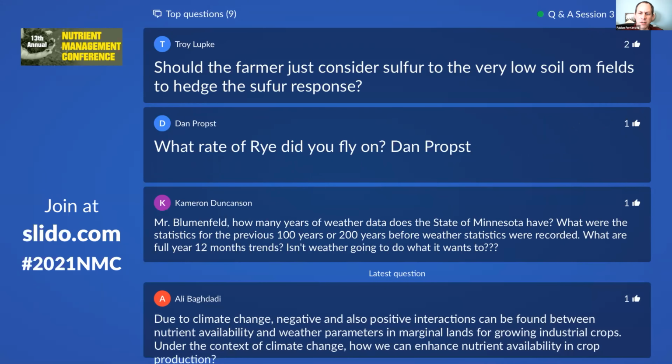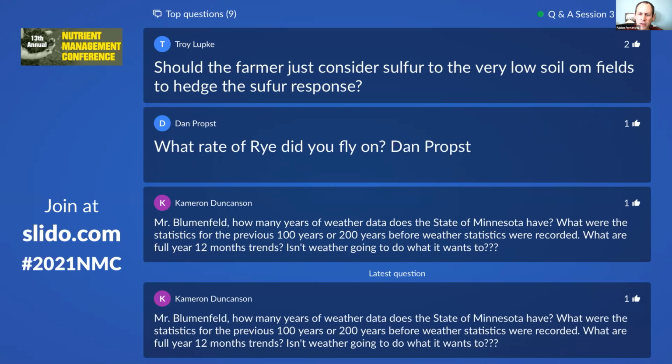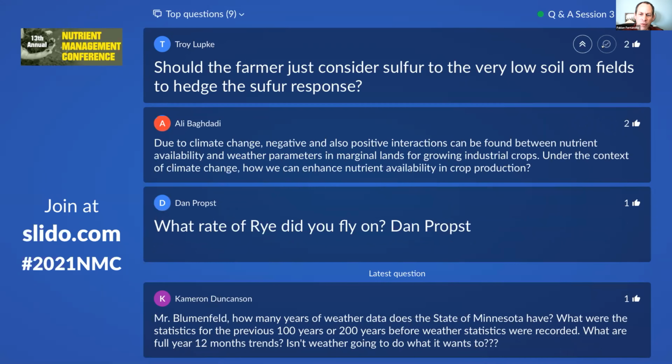Should the farmer just consider sulfur for very low soil organic matter fields, or hedge the sulfur response? I think this may be a question for Tim, or maybe from some of our earlier speakers. Melissa, I'm sorry, this may be for Melissa in terms of wheat. Oh, yep. Sorry, that'd be towards my question.